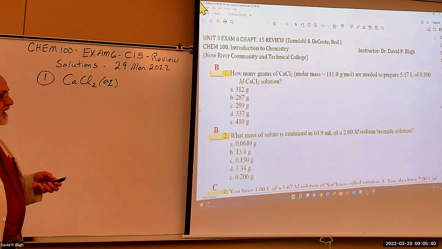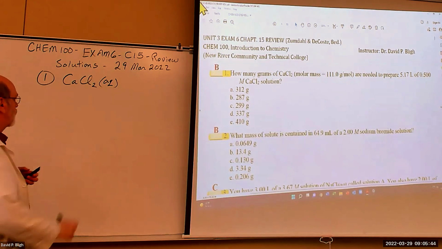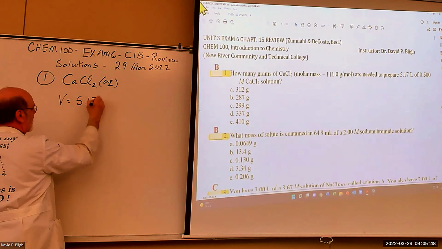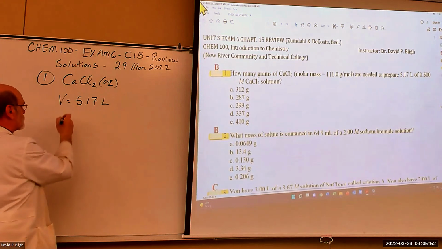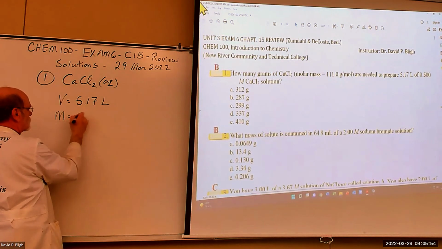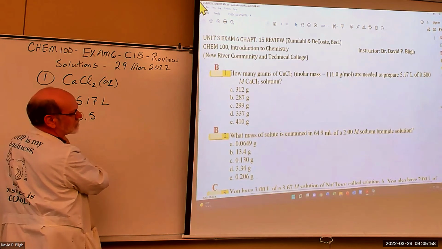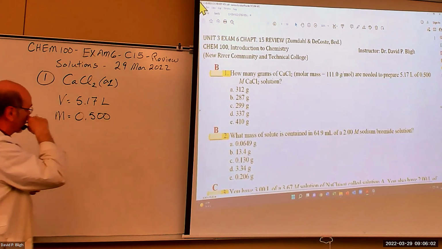And then we're told that we need 5.17 liters. So the volume is going to be that. And the molarity is going to be this, 0.5.